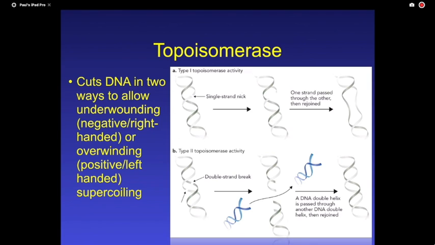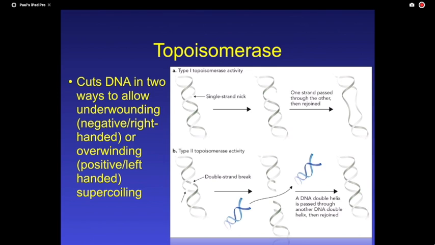The topoisomerases, there are 2 types, type 1 and type 2. What is the difference? It's the way that they cut and relieve strain. Type 1 will cut 1 strand of the DNA, and so the DNA unravels only by 1 strand, and it can unravel and then be ligased or connected back together, creating a little bit of openness, less strain.